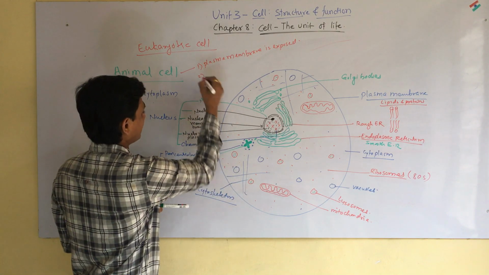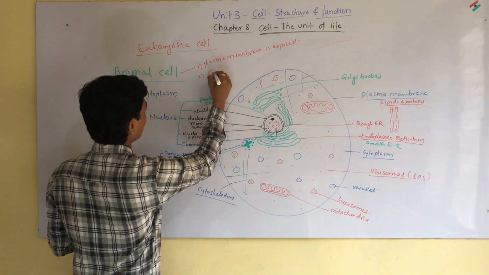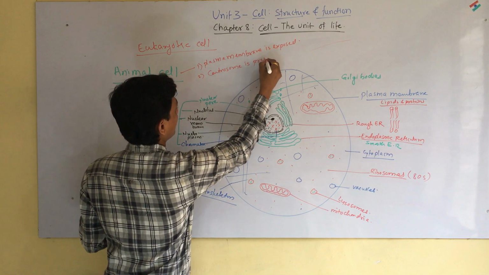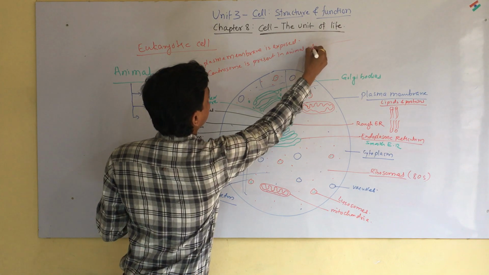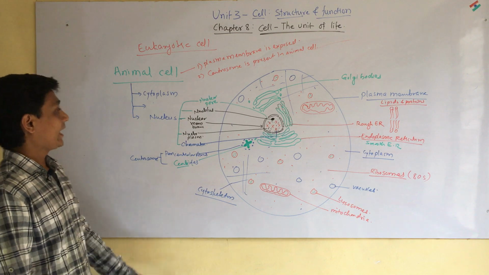And second, centrosome is present in animal cell. This is the whole about the animal cell.